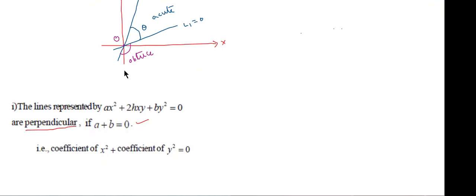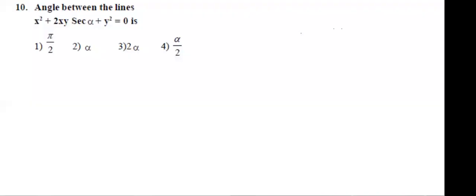If the two lines are perpendicular, the angle between them is how much? 90 degrees. Yes or no? If the two lines are parallel, the angle between them is 0. So what is the shortcut formula? a plus b is equal to 0, or coefficient of x square plus coefficient of y square is equal to 0.